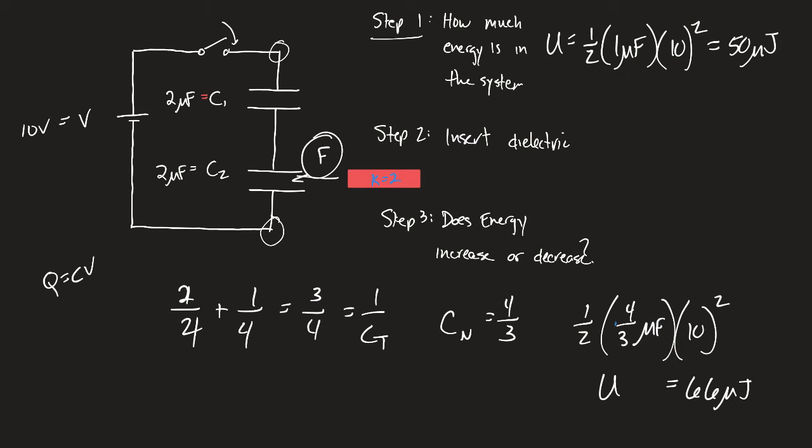Try it. Here's what I want you to try. Let's try another arrangement. We connected the potential difference, determined how much energy is in the system, but then before step 2, we opened the switch.